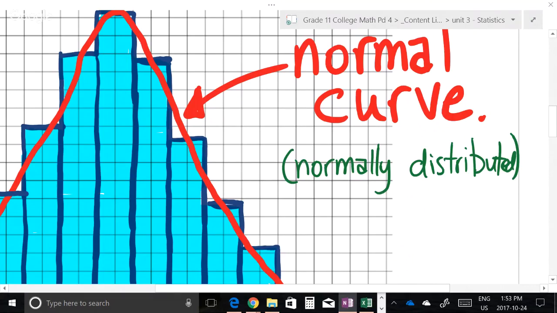If you take everyone in the world's heights and you make a histogram, you get an almost perfect normal curve. It just works. There are more people of average height than there are really tall people and really short people. It makes almost a perfect normal curve. Same thing with shoe size. Same thing with IQ. Interesting, right?